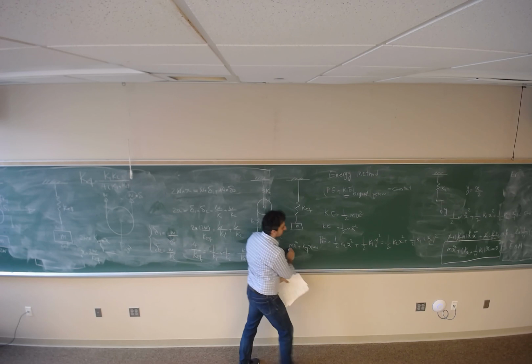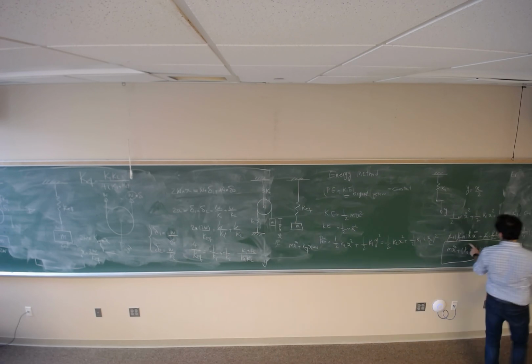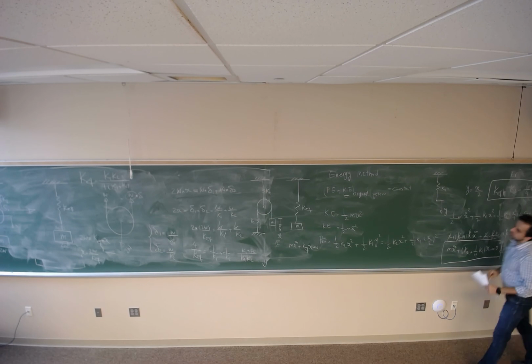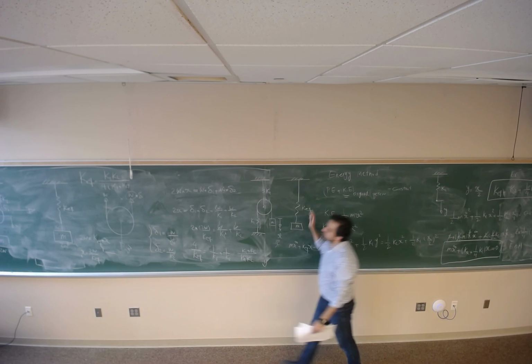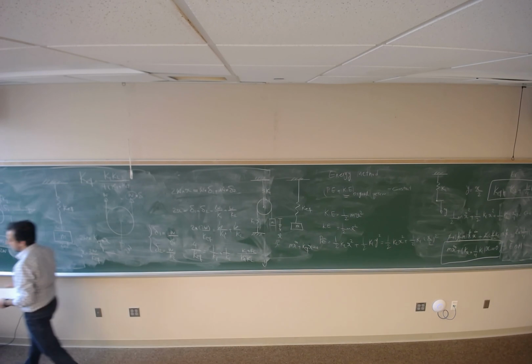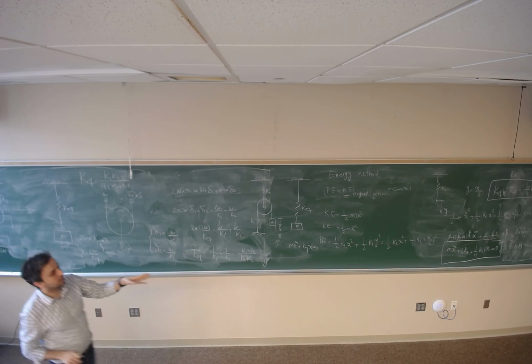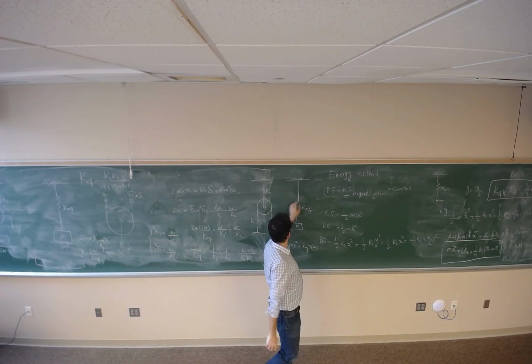This is the same as this, so k equivalent would be k2 plus 1/4 of k1. So this is another way to find the equivalent stiffness for the system, and at the same time you can find the equation of motion for the original system.